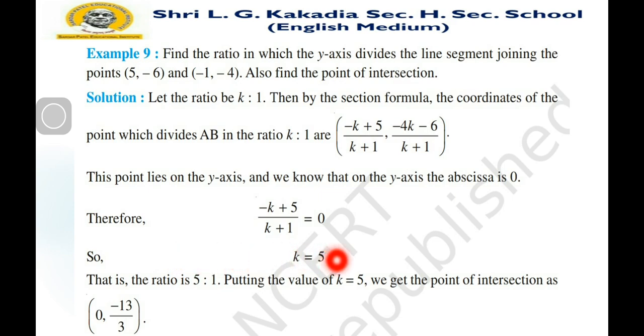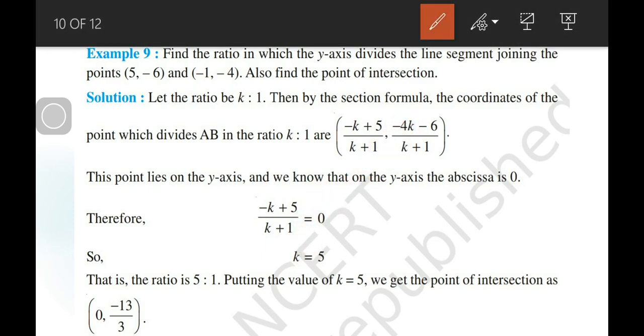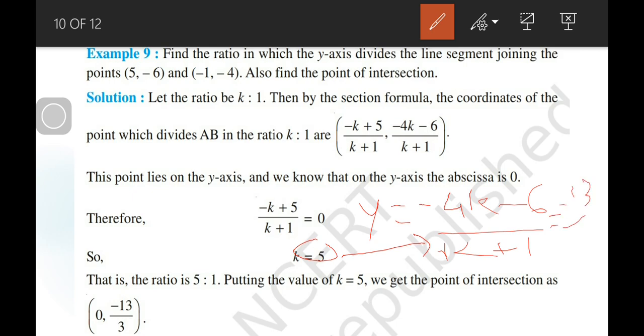Putting the value k equal to 5, we get the point of intersection as (0, -13/3). In the y coordinate, y is equal to (-4k - 6)/(k + 1). If you put k equal to 5, you can find y is equal to -13/3.